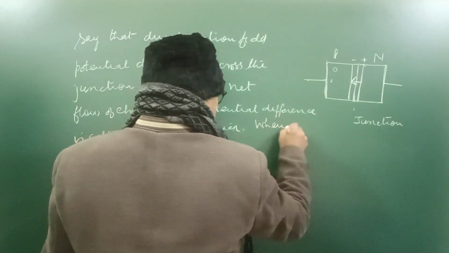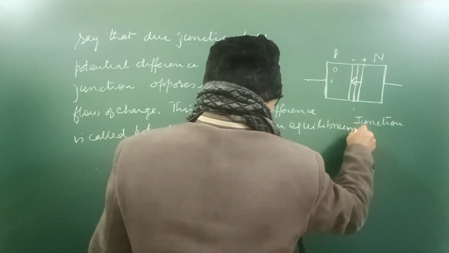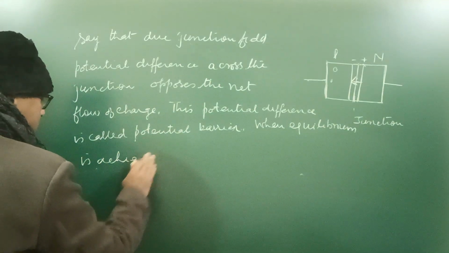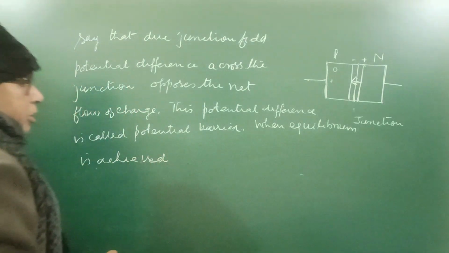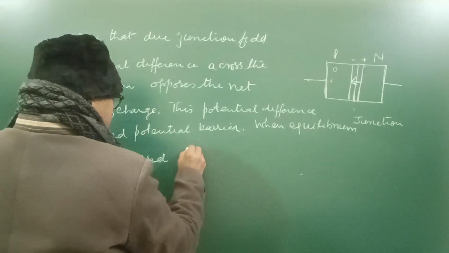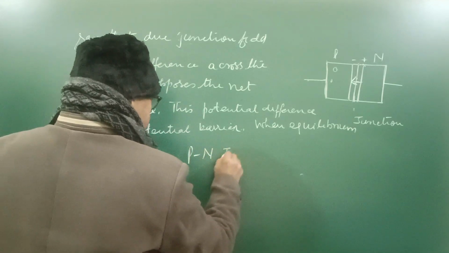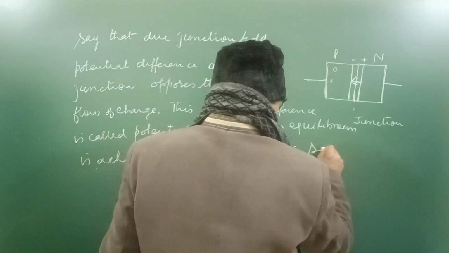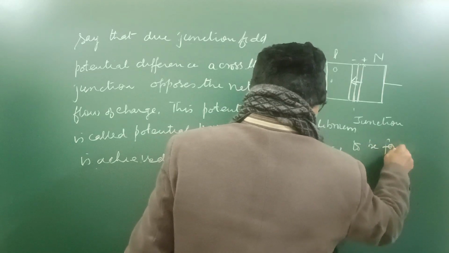When equilibrium is achieved, the PN junction is said to be formed.